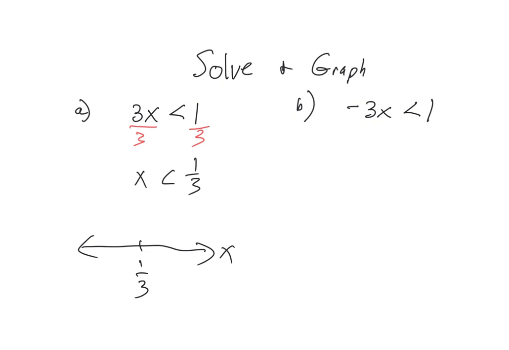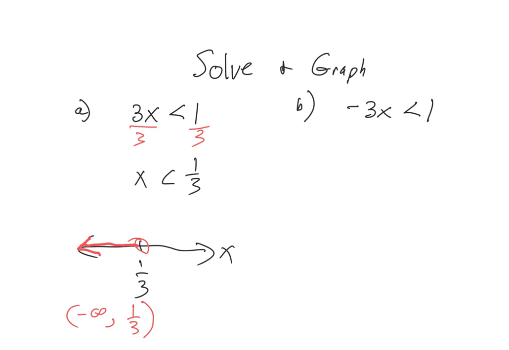It will be to the left of 1/3. And I'm not including 1/3 because it's just less than, not less than or equal to. So in a graph like this, we do an open dot. If I was doing this in set notation, I would say that I'm going from negative infinity up to 1/3, and then an open parenthesis. If it were less than or equal to, it would be a bracket.